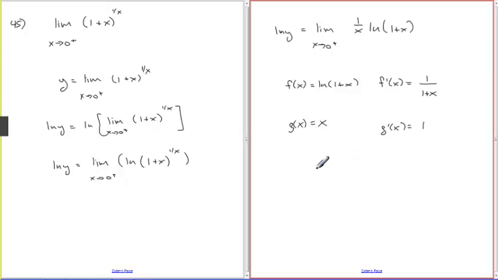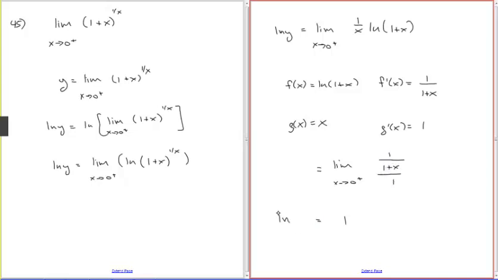Now we can plug it in and find that limit. We're looking for the limit as x approaches 0 from the positive side of 1 over 1 plus x divided by 1. If we plug in 0, we get 1, because 1 plus 0 is 1, and 1 divided by 1 is 1.